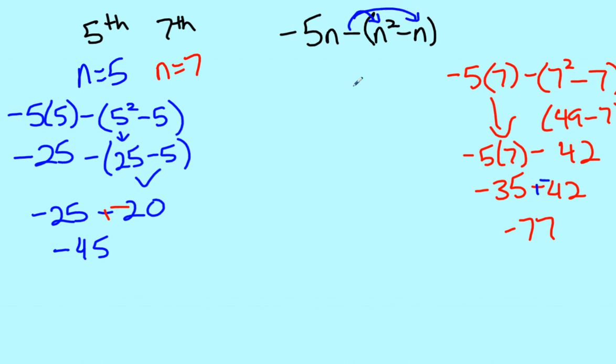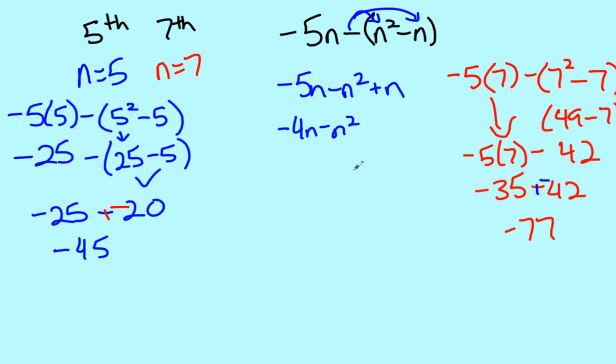So I'm going to say -5n minus n squared. And then negative 1 times negative n is actually just going to be positive n, right? And then I can combine my like terms. So negative 5n plus n is negative 4n minus n squared.